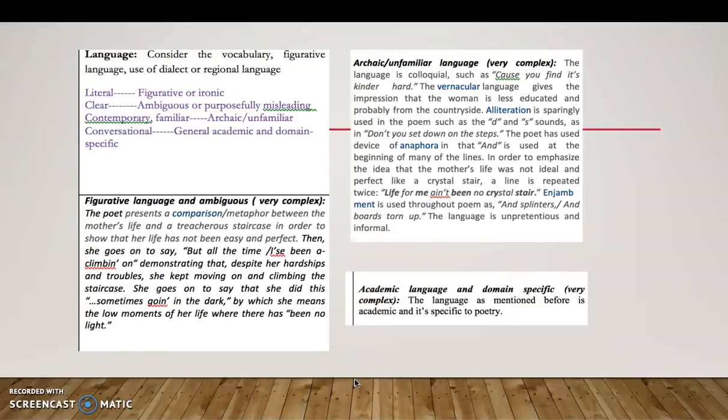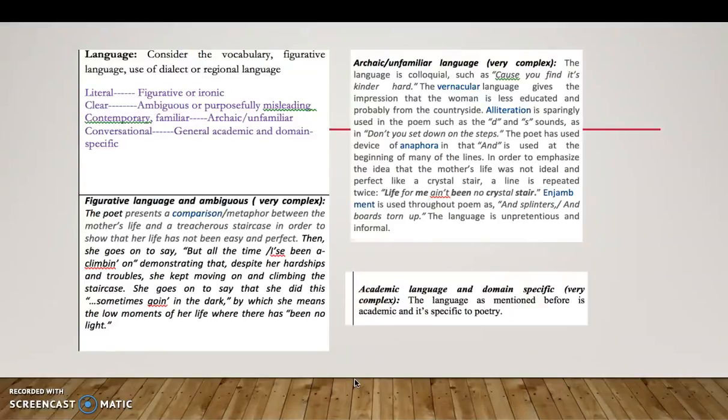In this case, we would say there is quite a bit of figurative language in this text, and that some of it is very ambiguous. When we think about the comparison between the mother's life and a treacherous staircase, that is quite complex and may not be what is on the surface.